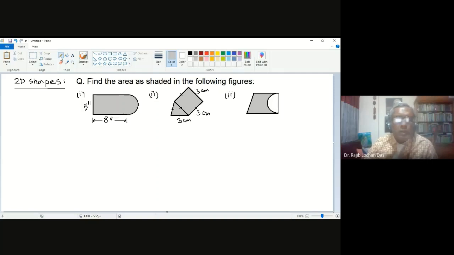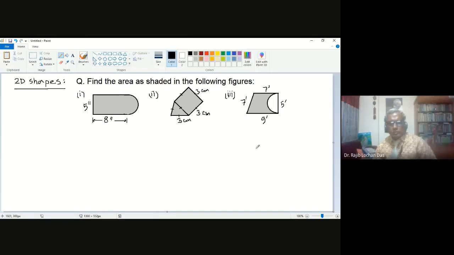Now I will give you the numbers also. This side is 7 feet, this is also 7 feet, this is 5 feet, and this is 9 feet.